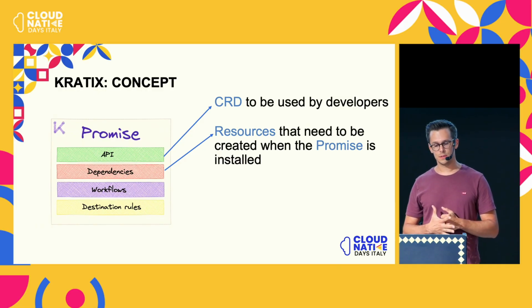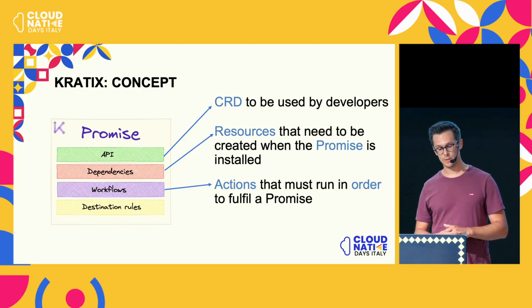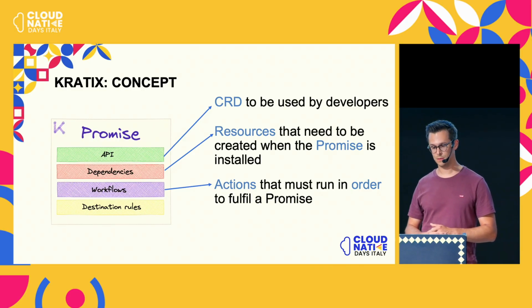Now, the API is basically just the CRD, the custom resource definition, but the logic is living in these workflows. These workflows are actually containers you are running, and you are writing these containers. So with these promises, you will end up writing Dockerfiles and the logic for that, which means that you have full flexibility, right?